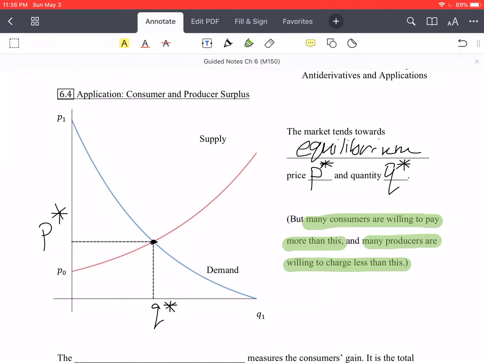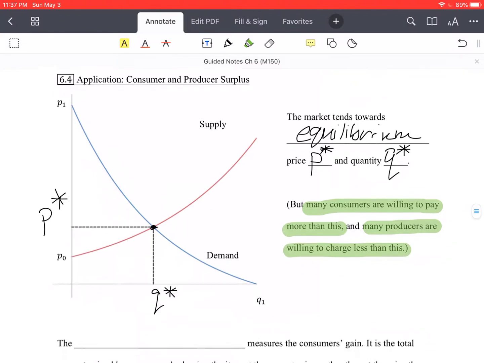Okay, so in other words, the way that the market is settled right now at equilibrium, the consumers are paying so much for this product, but if they really had to, they would be willing to pay a little bit more. And same thing with the producers. The producers, if they are currently selling it at the price it's at, they might be willing to charge a bit less, right, if they had to. But this way everybody kind of wins.